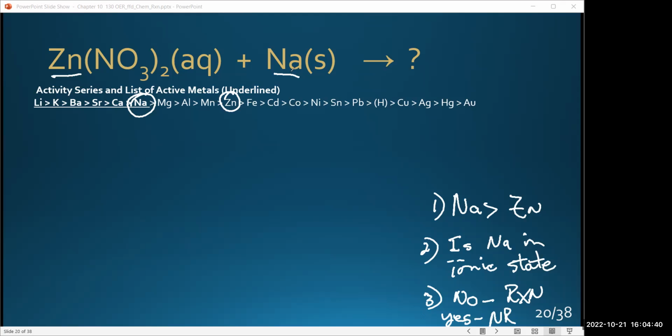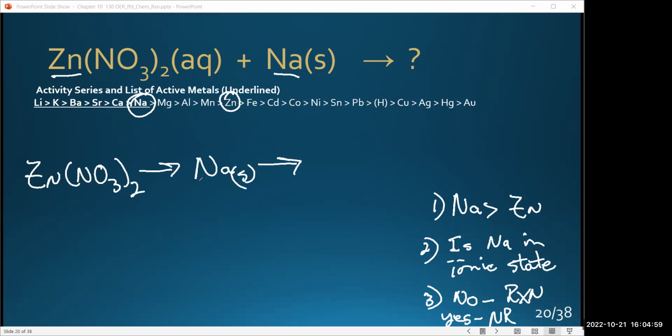So the answer here is no, so there is a reaction, and you essentially exchange the positions of the metals. So zinc is now going to go from ionic form to elemental form.